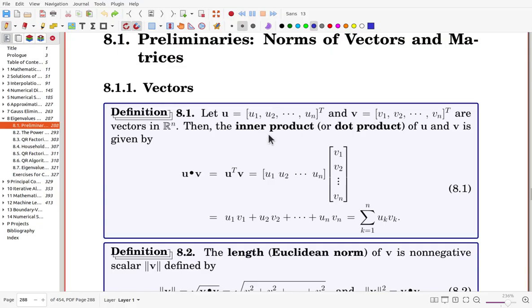We can define the dot product, and we are using this dot notation, or U transpose V. Here we multiply the entries component-wise and add. So that is the definition of dot product.